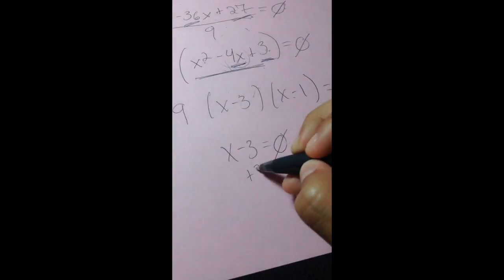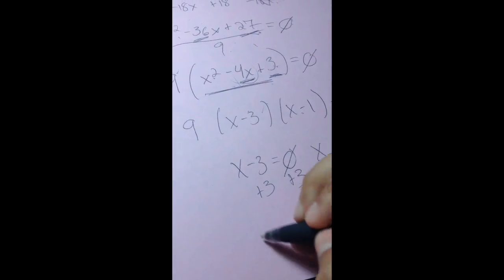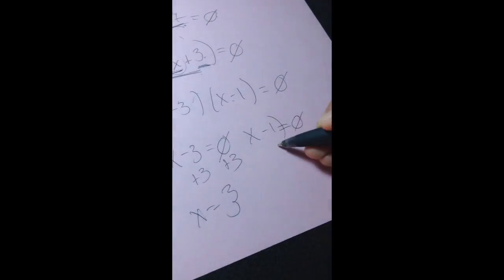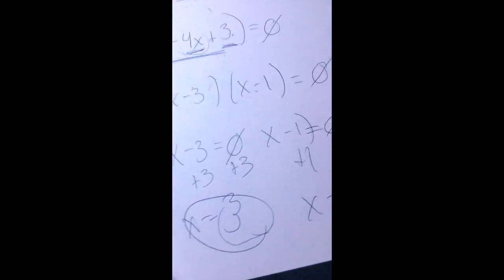When you add 3 on this side, you add it on the other side, so that x equals 3. And over here you do the same thing with the 1: add 1 on both sides, x equals 1. So your x values should be 3 and 1, and that should be your final answer.